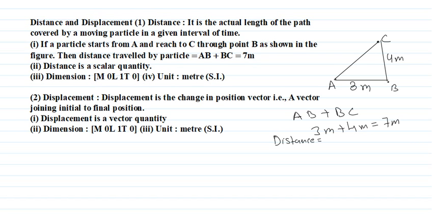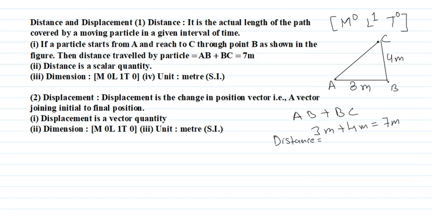And the dimension of distance, basically distance is length, and we have discussed what dimension is in chapter number 2. So here we write the dimension formula like M L T: M for mass, L for length, T for time. Distance is a length, so the power of length will be 1. There is no mass in distance, so 0, and there is no time in distance, so 0.